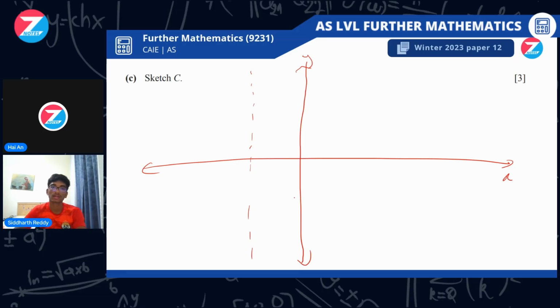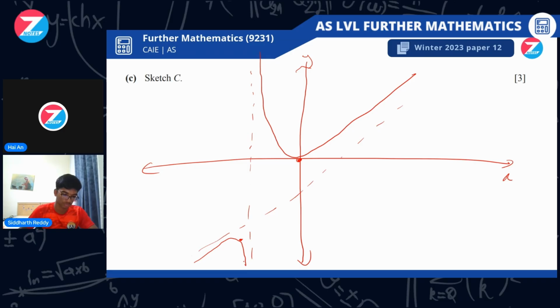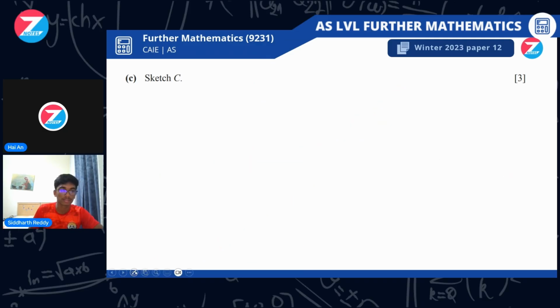So that's going to be something like this, right? And they gave us the information of two turning points. One is at 0, 0, another one is at minus 2, minus 4. So using that we can just complete the graph. It's going to be something like this and this. Okay, so I can draw it to make it fit a bit better. So just give me a second.